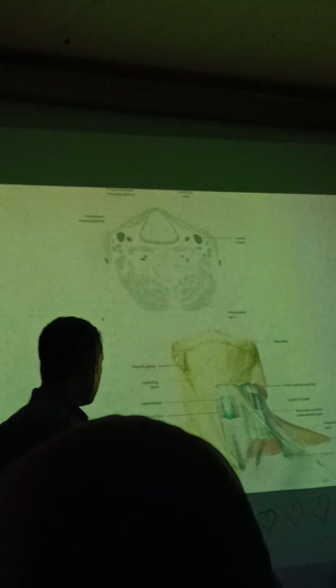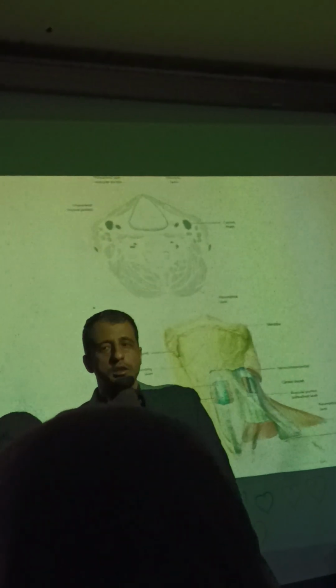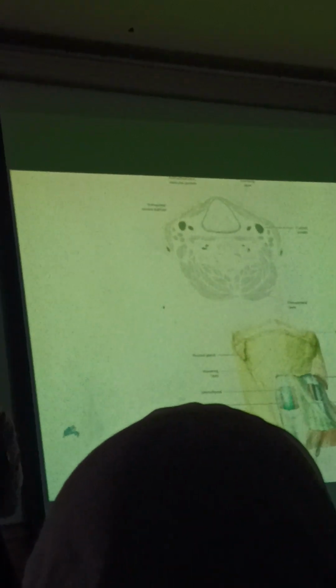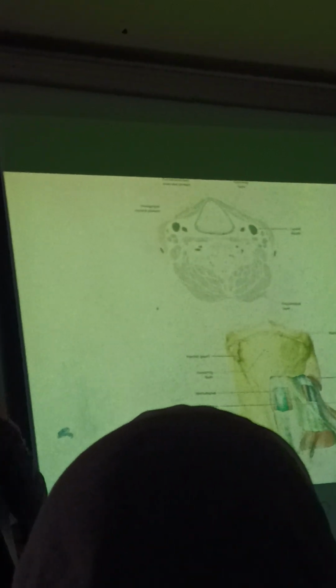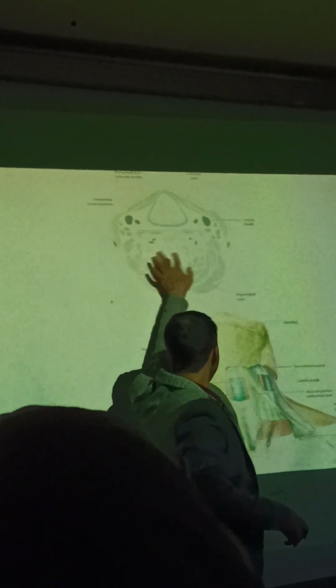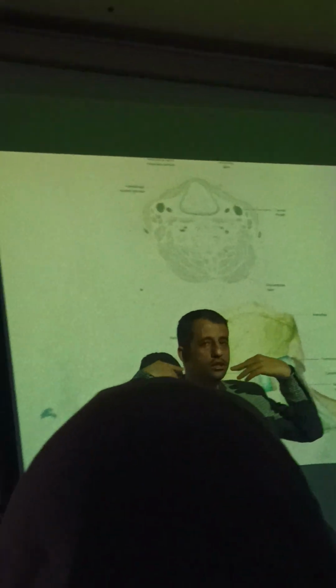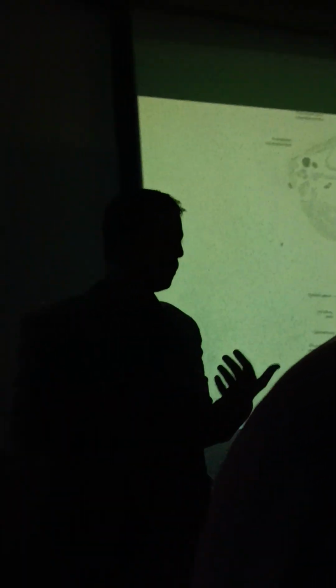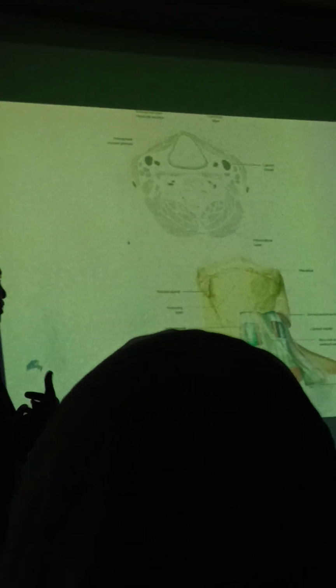Another fascia is here. It covers the thyroid gland and the trachea. It is named the pretracheal fascia. And another fascia covers the muscles which are located lateral to the cervical vertebrae.